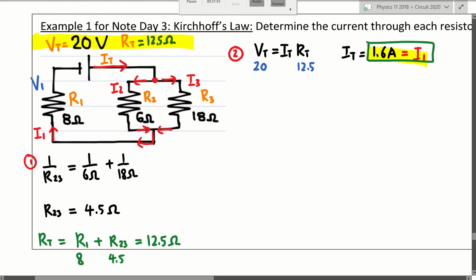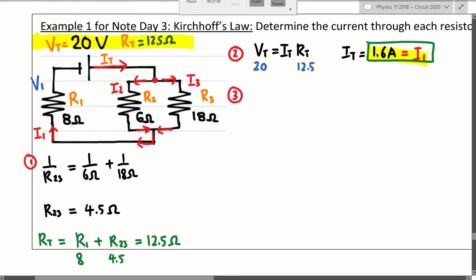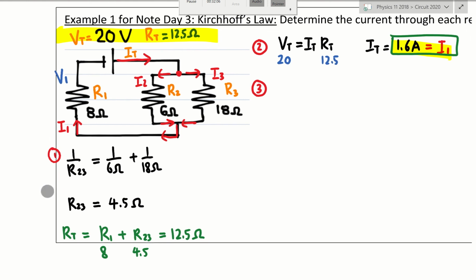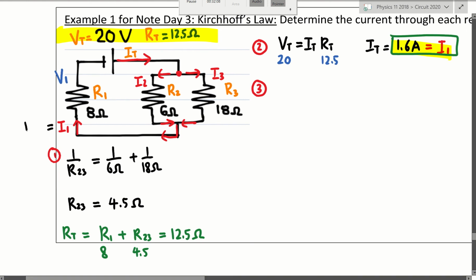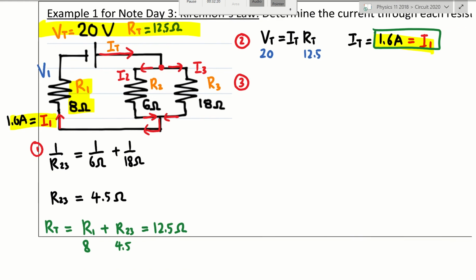We want all the currents. Now I'm going to do the next thing, which is figure out V1. Why can I find V1? Because I already have two out of the three things. I have the current, 1.6 amp, and the resistance. Remember, once you have two out of three things, Ohm's law.